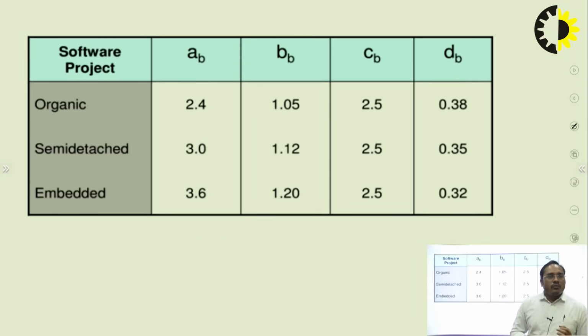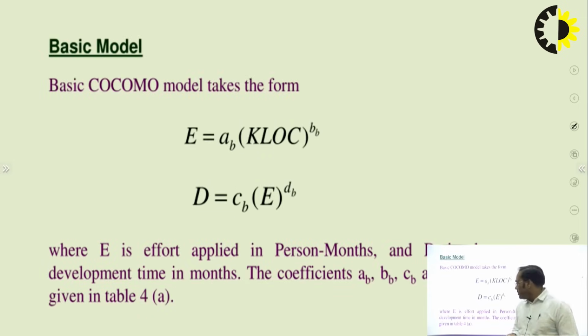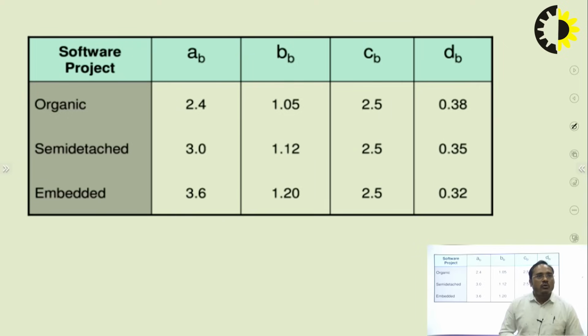So how do software projects use the values? These A, B, C, D values, the coefficients a subscript b, b subscript b, c subscript b and d subscript b, are given in the table. These are the coefficient values, used for the different models. The software project model is divided into three categories, as I have already discussed, and these are the significant values.